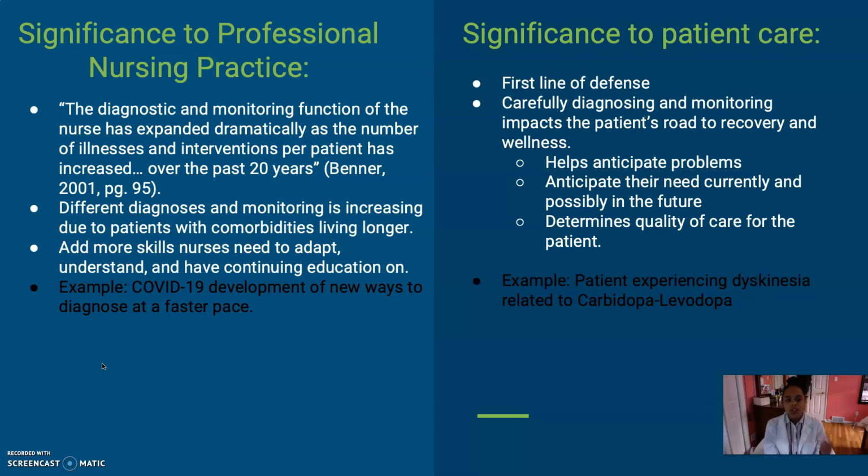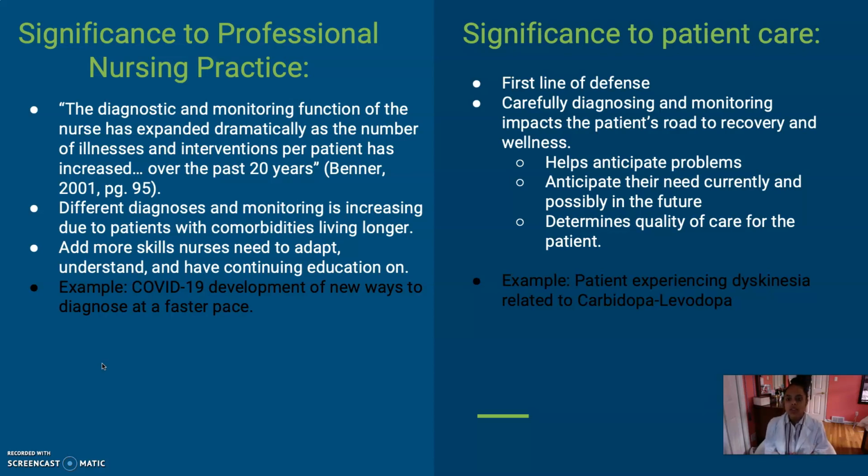And that adds more skills nurses need to adapt to, understand, and continue their education on. For an example of what's currently happening now with the coronavirus, they're trying to look up new ways to diagnose the coronavirus faster, and nurses need to keep up with that so that they can provide that type of diagnosing to their patients as well.